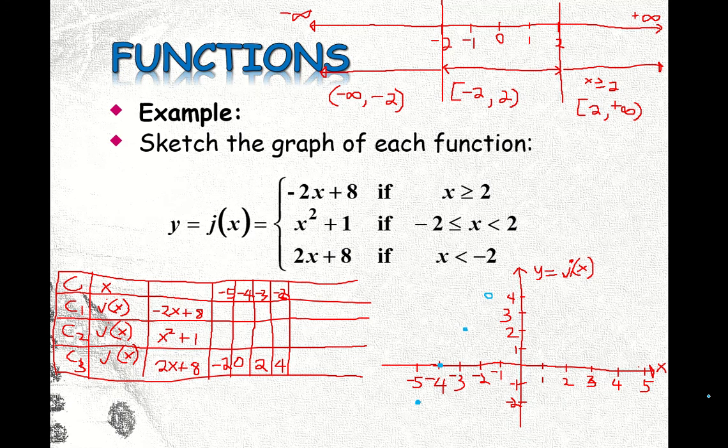Next, so next interval, this interval between negative 2 and 2.